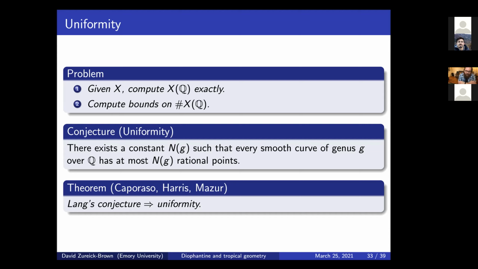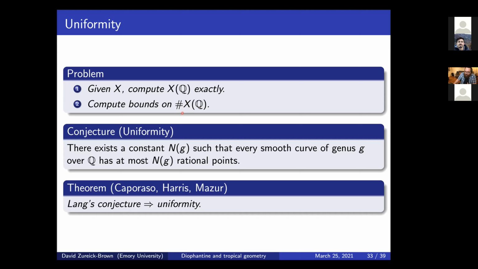So it turns out there's a ridiculous but probably true conjecture called the uniformity conjecture. It's the following. There exists a constant that depends on g, so the number of holes, such that every smooth curve of genus g over the rational numbers has at most n of g rational points, meaning this quantity, the number of rational points.